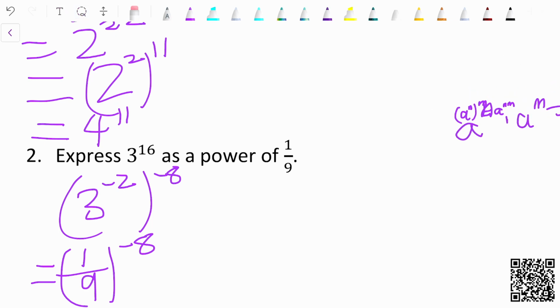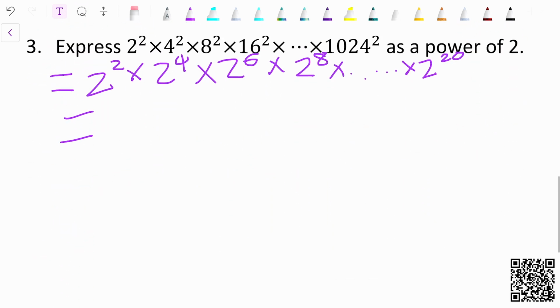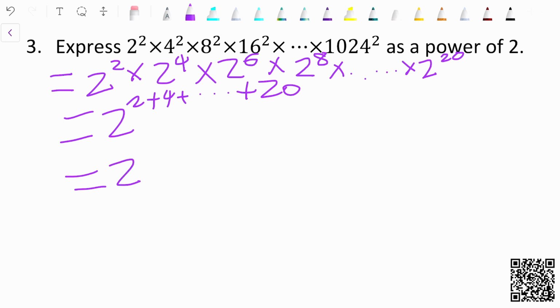Using this idea, we can add all the powers together. So this would be 2 plus 4 plus, and so on, all the way to 20. Like I said, since these are all the even numbers from 1 to 20, there are 10 of them. We can group them into 5 groups of 22, which would be 2 to the power of 110.